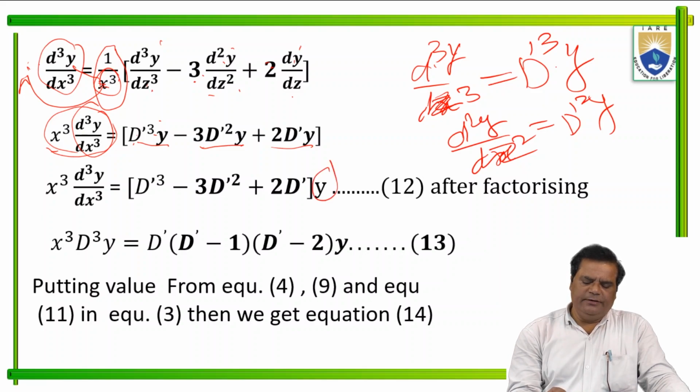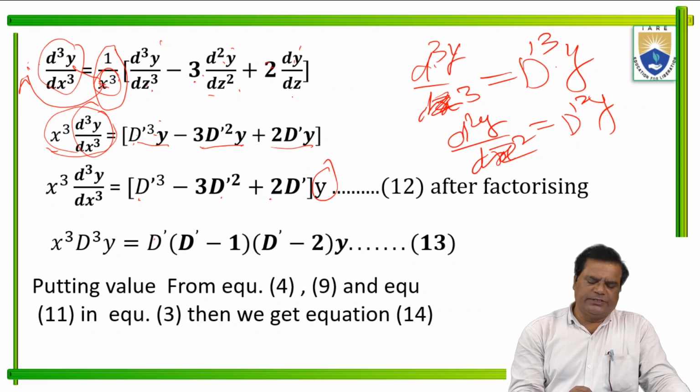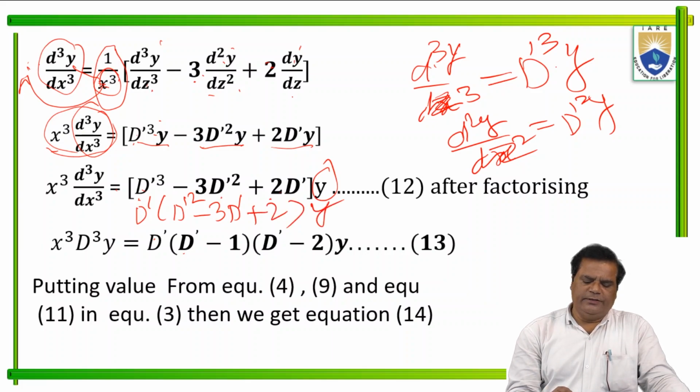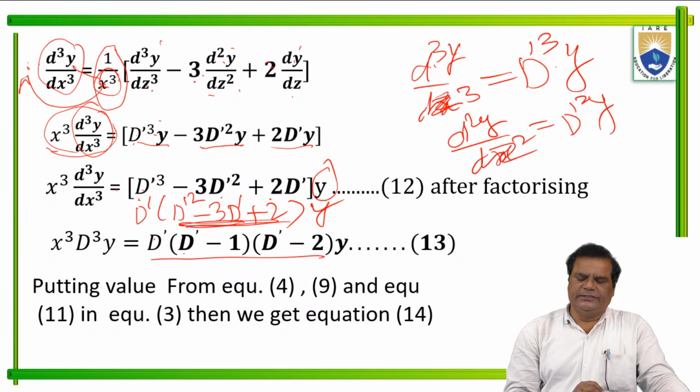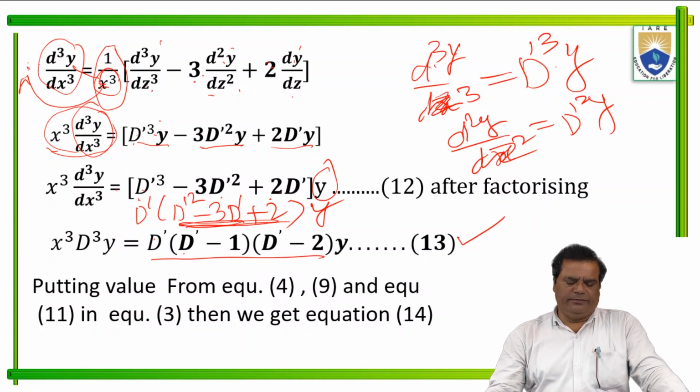So y is common on the right hand side: D dash cube minus 3 D dash square plus 2 D dash. D dash is common in all terms, so here it is D dash square minus 3 D dash plus 2, into y. Factorizing this result, after factorizing we get this. This is equation 13.